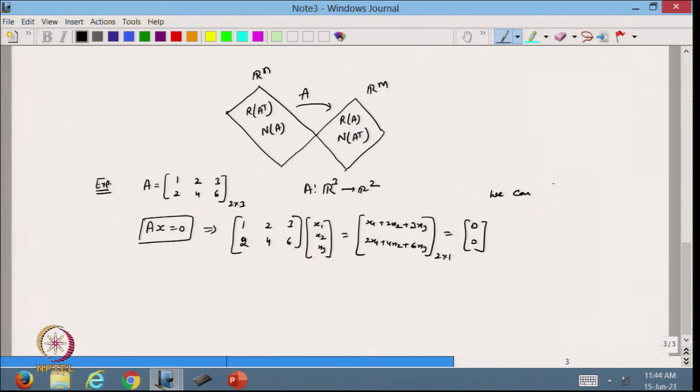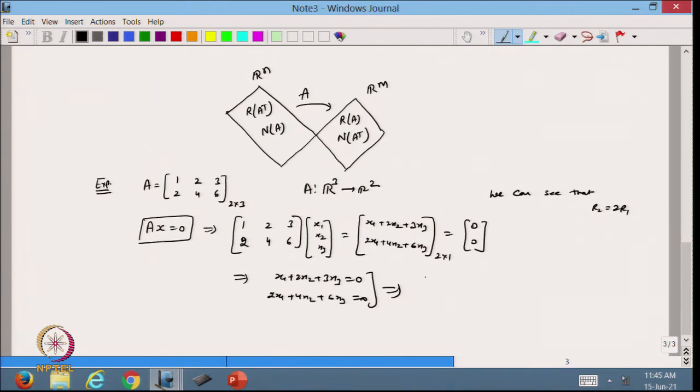Now we can see that row 2 is 2 times row 1. So I will get x1 plus 2x2 plus 3x3 equal to 0 and 2x1 plus 4x2 plus 6x3 equal to 0, and from there I can multiply the first by minus 2 and add.